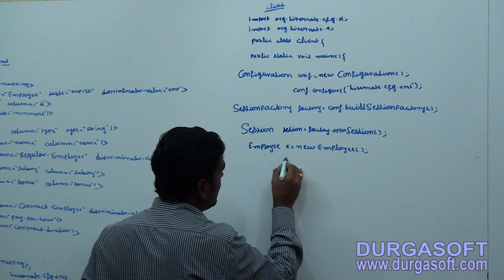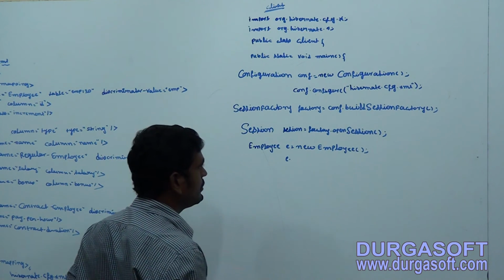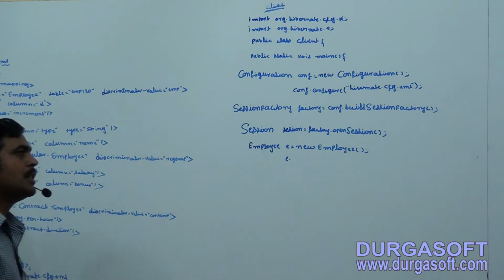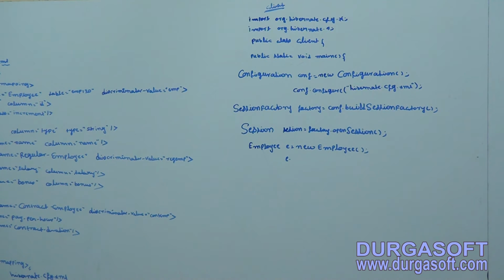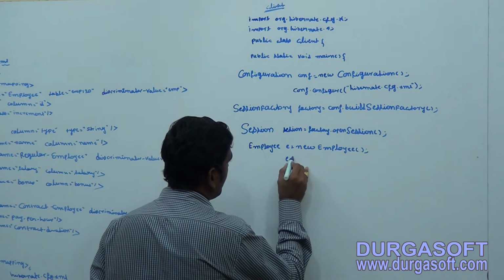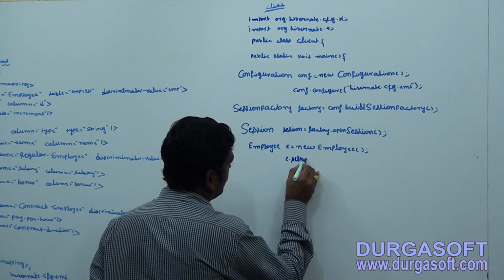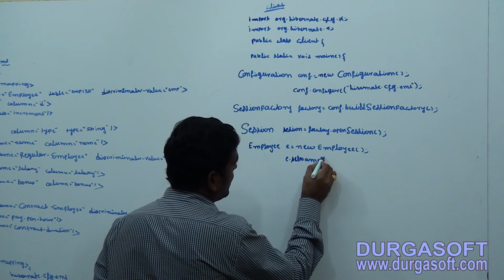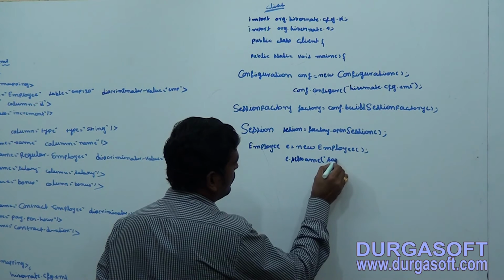Now we can set e.setId. Is id required or not required? Id is not required because the Hibernate framework is going to generate that id because of the increment generator class. So now here we need to set e.setName, and I am passing Suno.